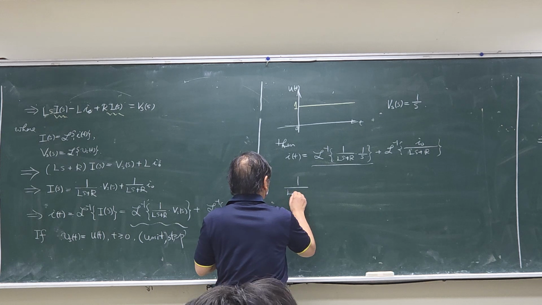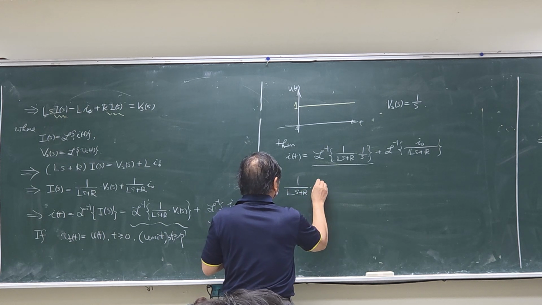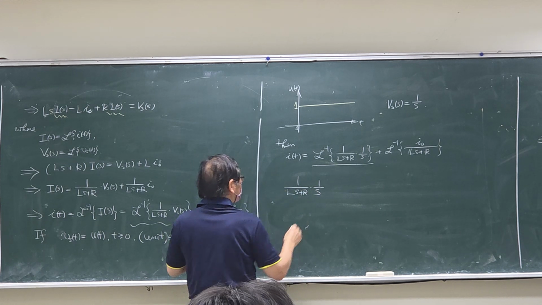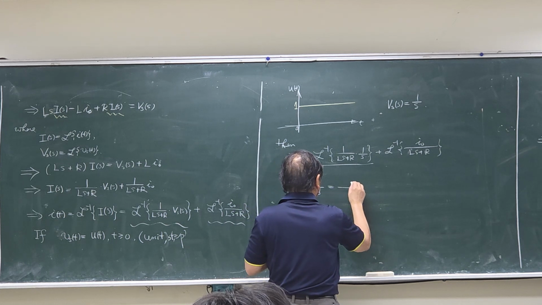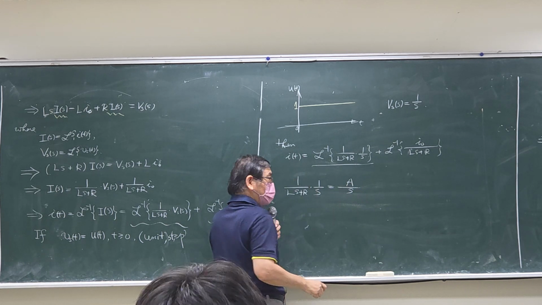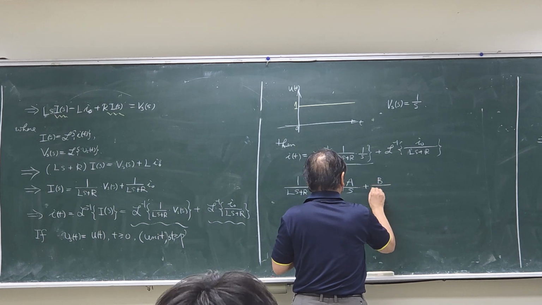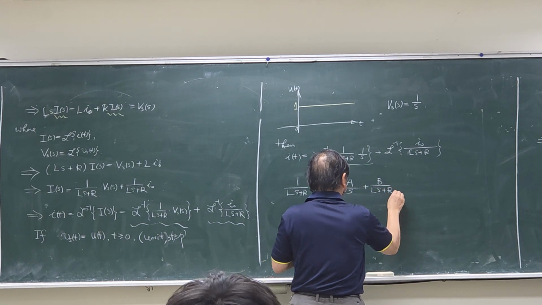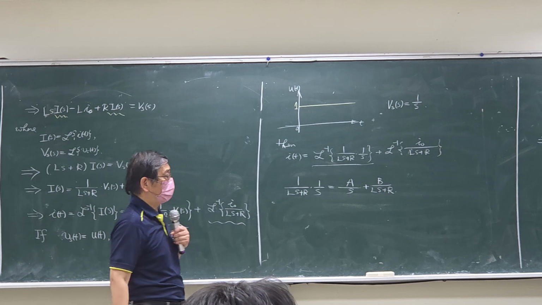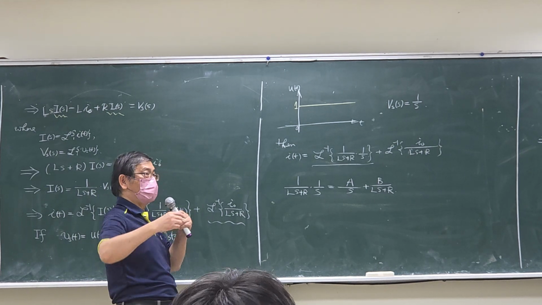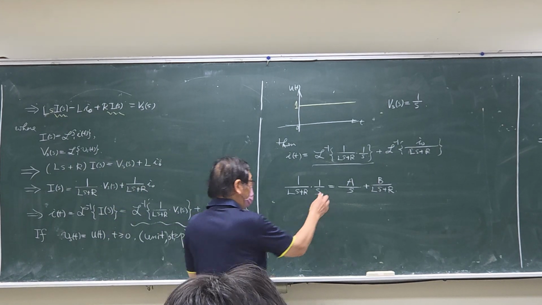So 1 over (s plus R) times 1 over s, and we write this as the combination A over s plus B over (s plus R). And how do I find the coefficient A?